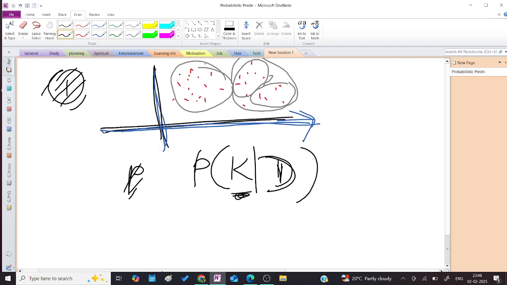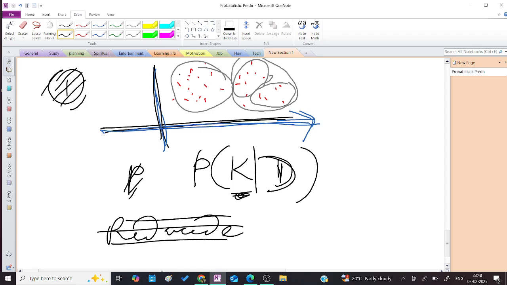So yeah, and what will be our second step? To reduce the dimension.